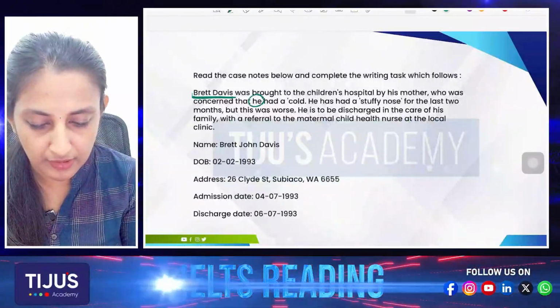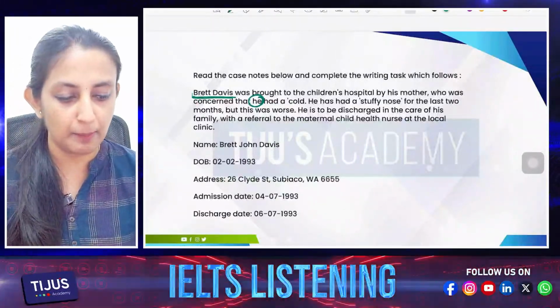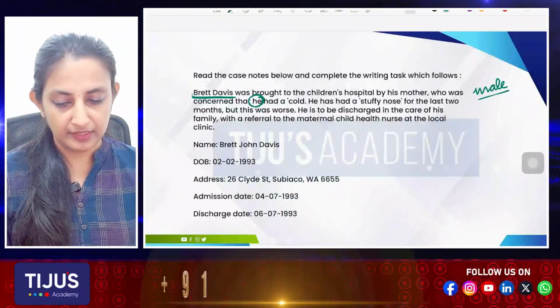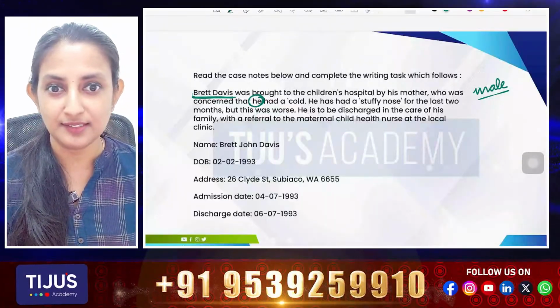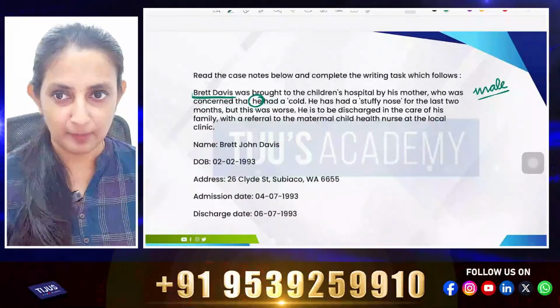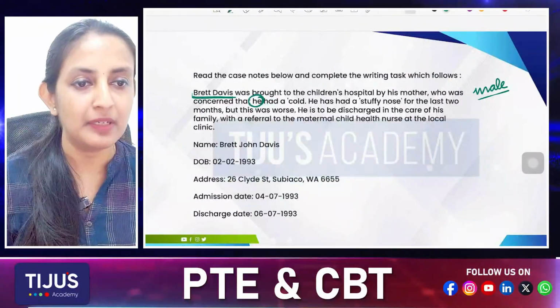From the word 'he', we can understand that the gender of the patient is male. The mother is having the concern that the kid has a cold. And he has had a stuffy nose for the last 2 months, but this was worse.